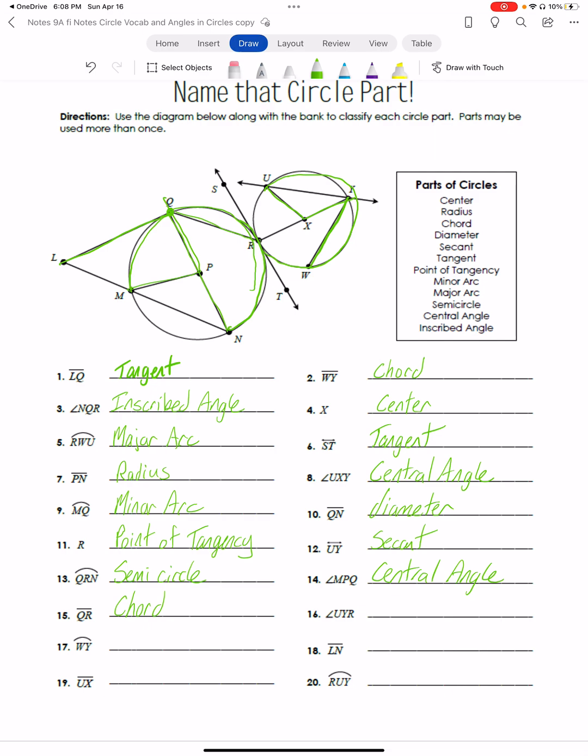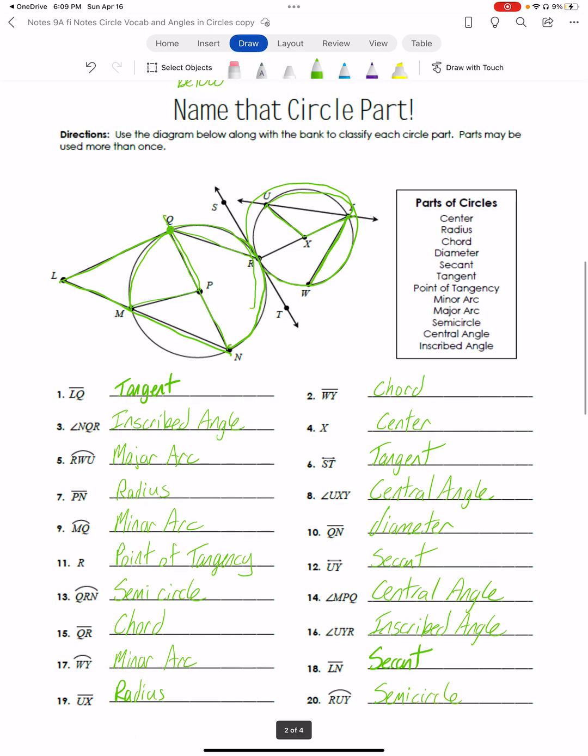UYR is an inscribed angle. WY is a minor arc. Segment LN is a secant because it goes outside the circle and intersects the circle in more than one point. UX is a radius. R to U to Y is a semicircle.